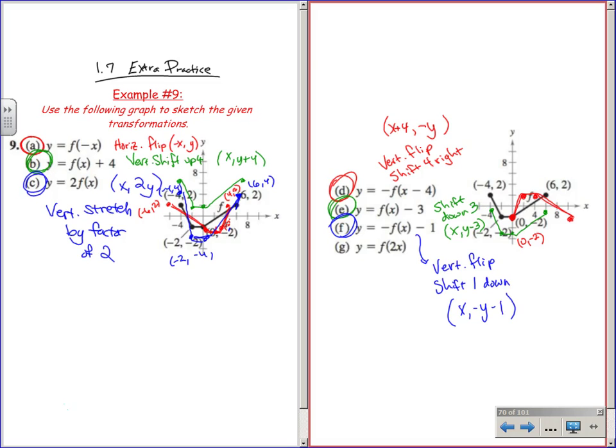What do you think? Do you agree? How could we check and see if we're right?